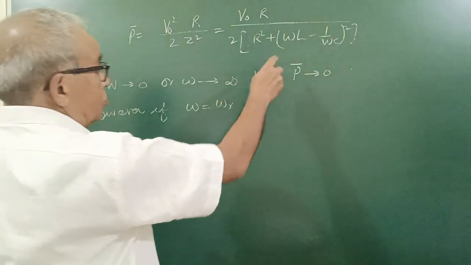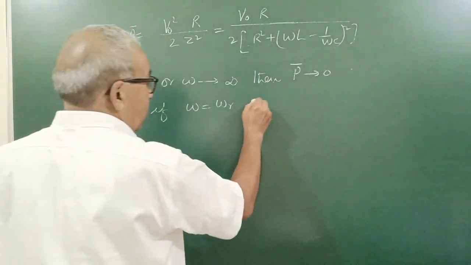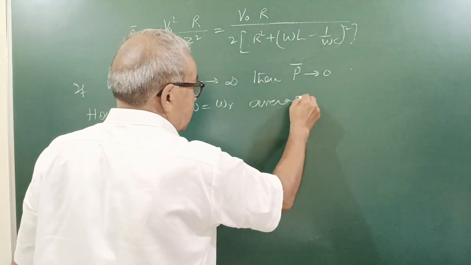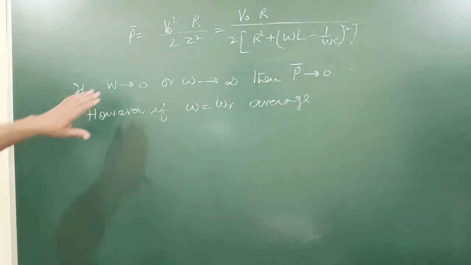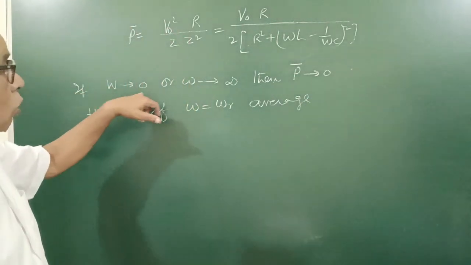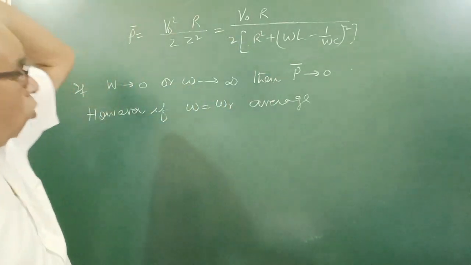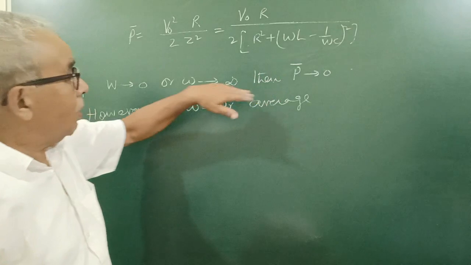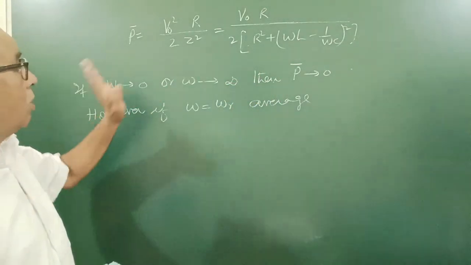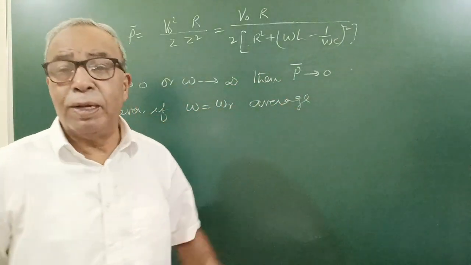Then average power, I am telling you how. If omega tends to 0, very small, or omega tends to infinity, very large, it is very large or very small, then power tends to 0, power will be very small.